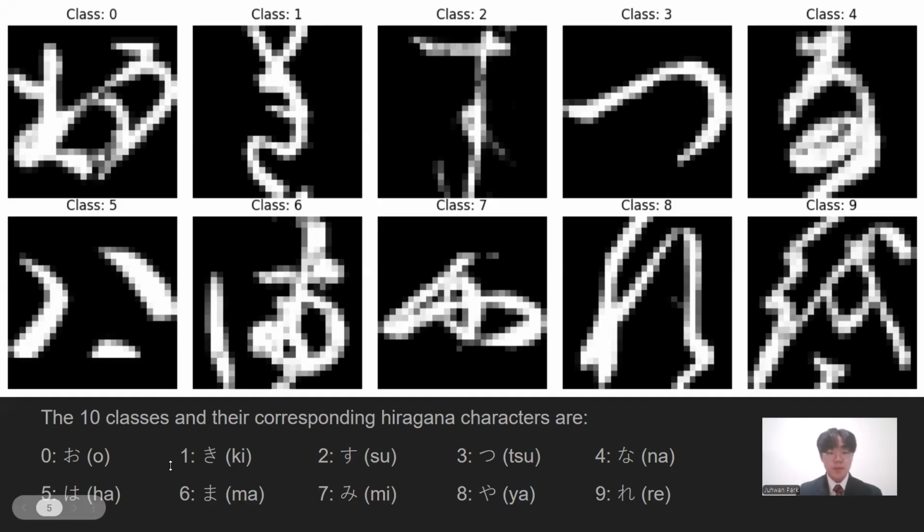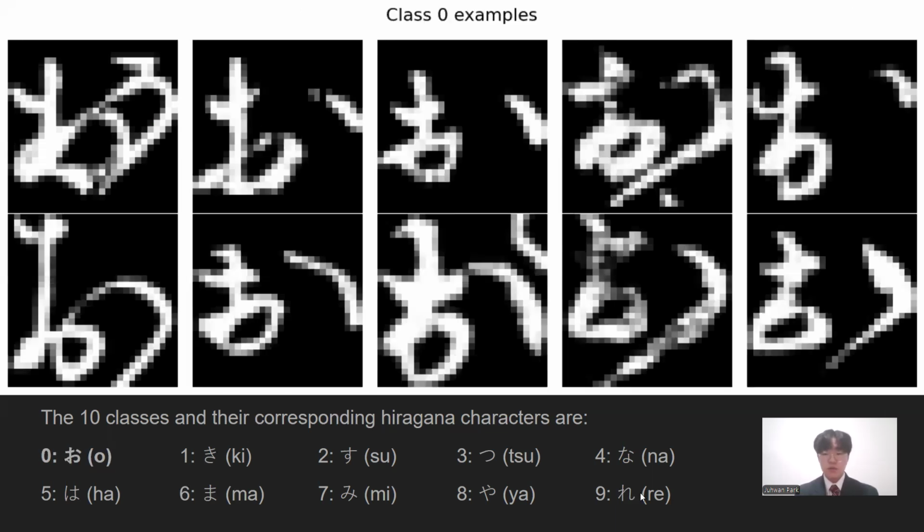And 6 is ma, 7 is mi, 8 is ya, and 9 is re. So yeah, because there's different ways to write, it will be interesting to see different types of characters and how our models will perform.